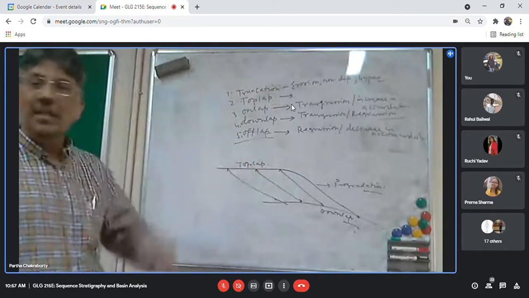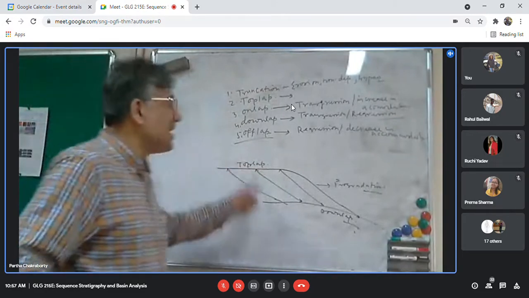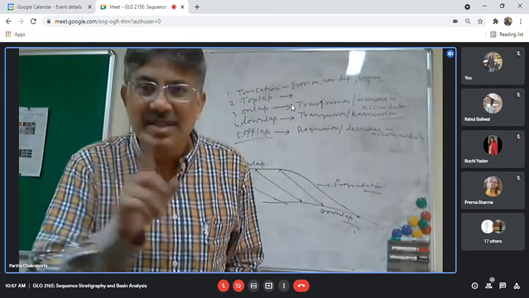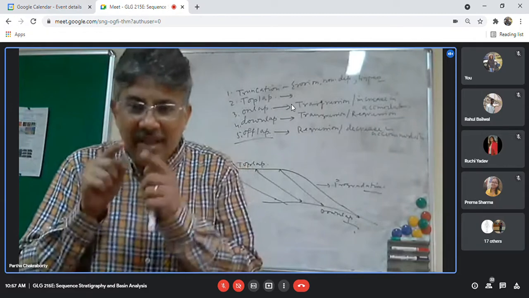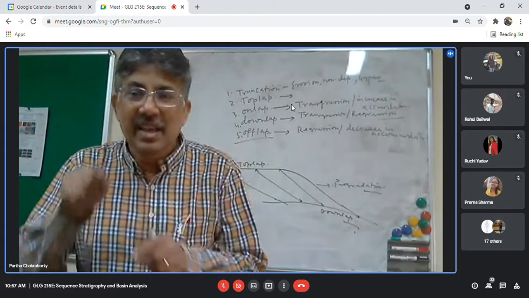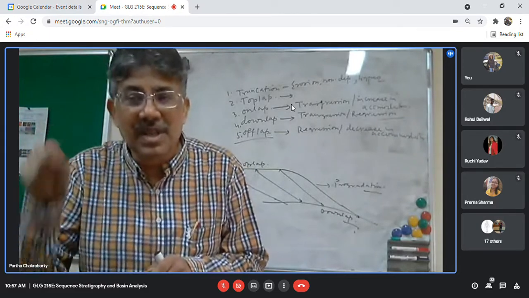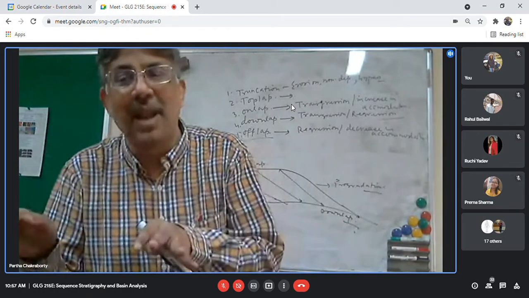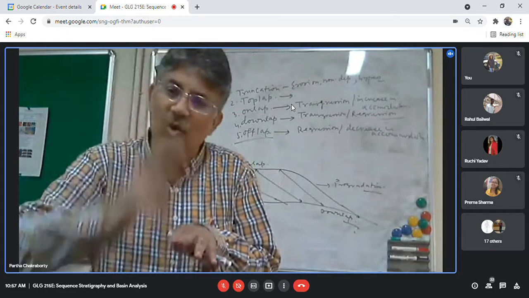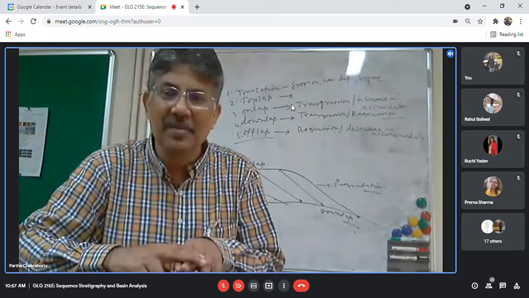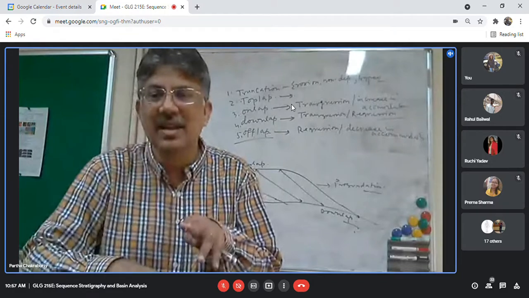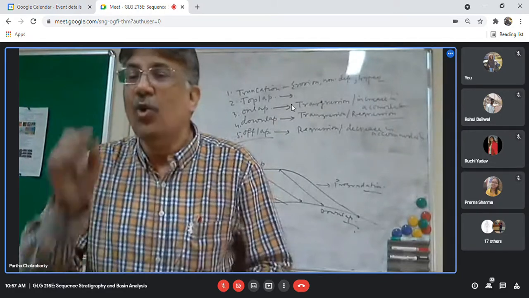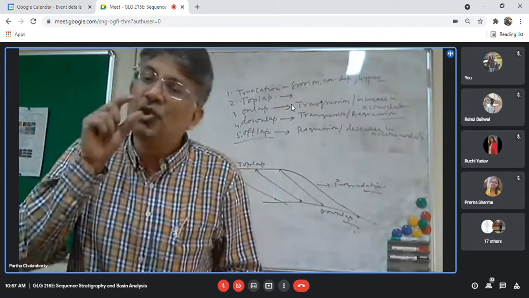So what people believe is that this is a steady state condition. What is steady state condition? In the case of a normal regression, the rate of sea level rise is exactly balanced by the sediment supply. Neither is sediment supply more than the rate of sea level rise, nor is it less. Both are very delicately balanced, which can happen for a very short period of time.